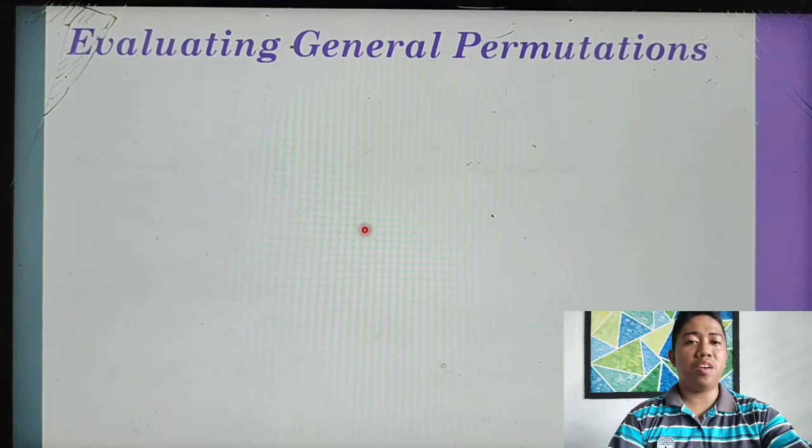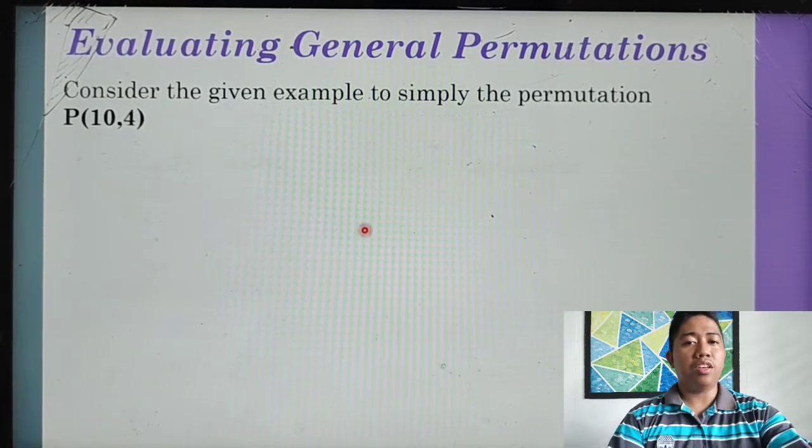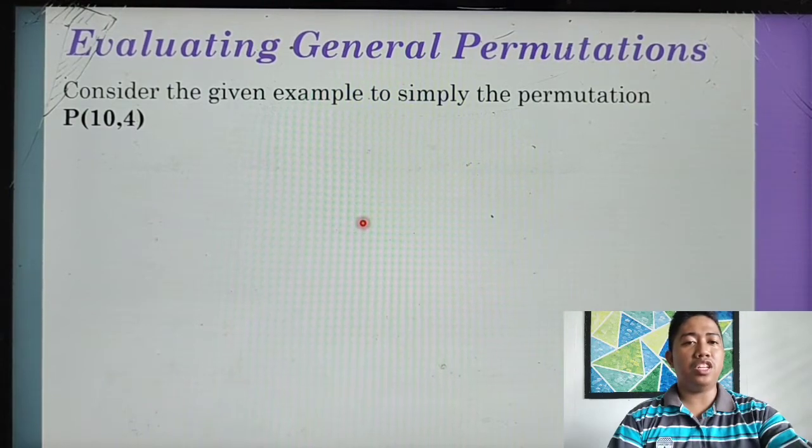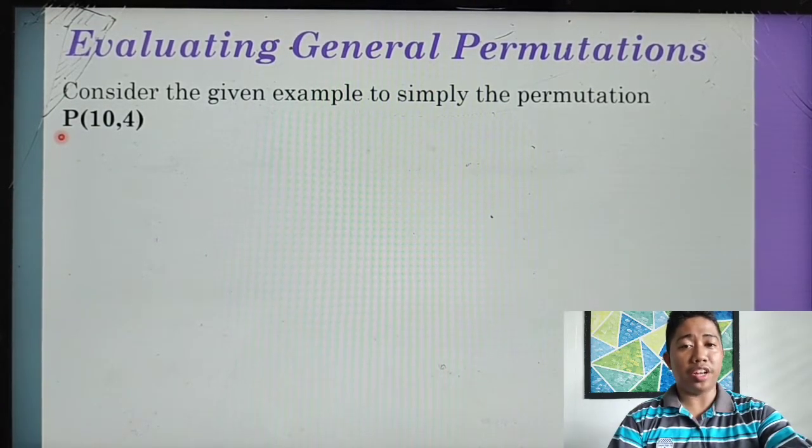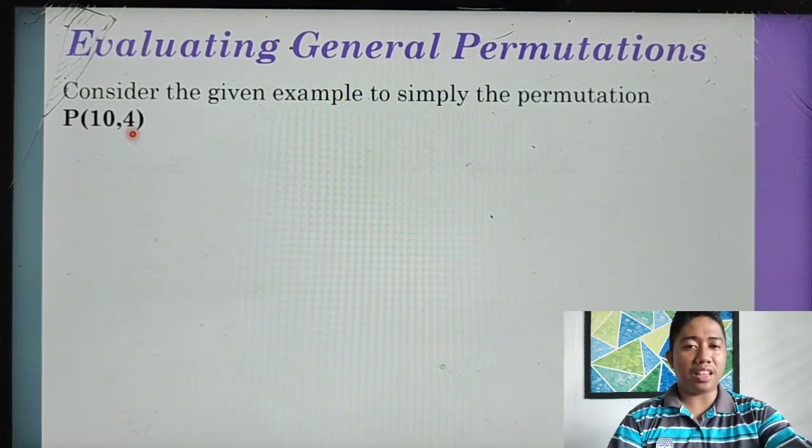In order for us to evaluate general permutations, consider the given example to study some of the illustrative examples and how we will be able to simplify the given permutation. Let us consider the math expression: the permutation of 10 taken 4 at a time.